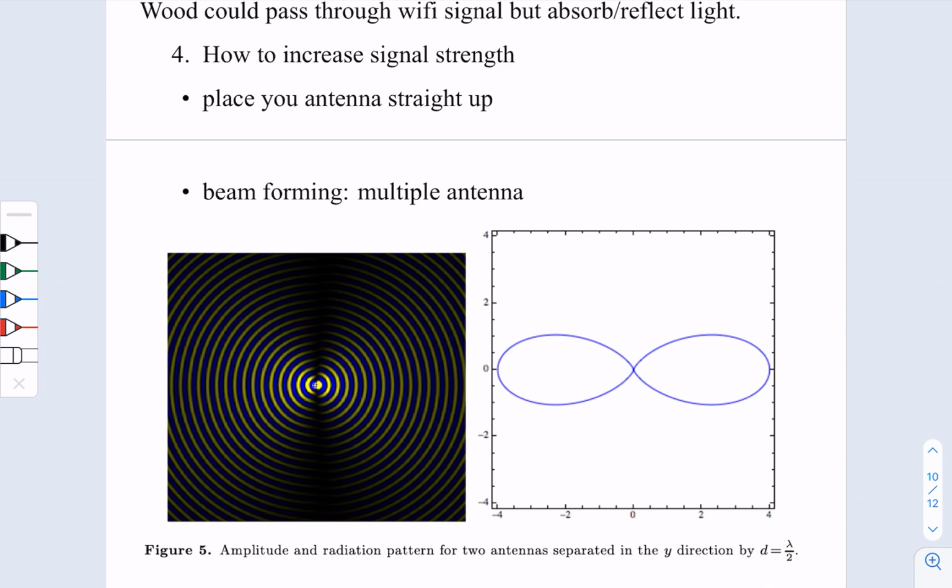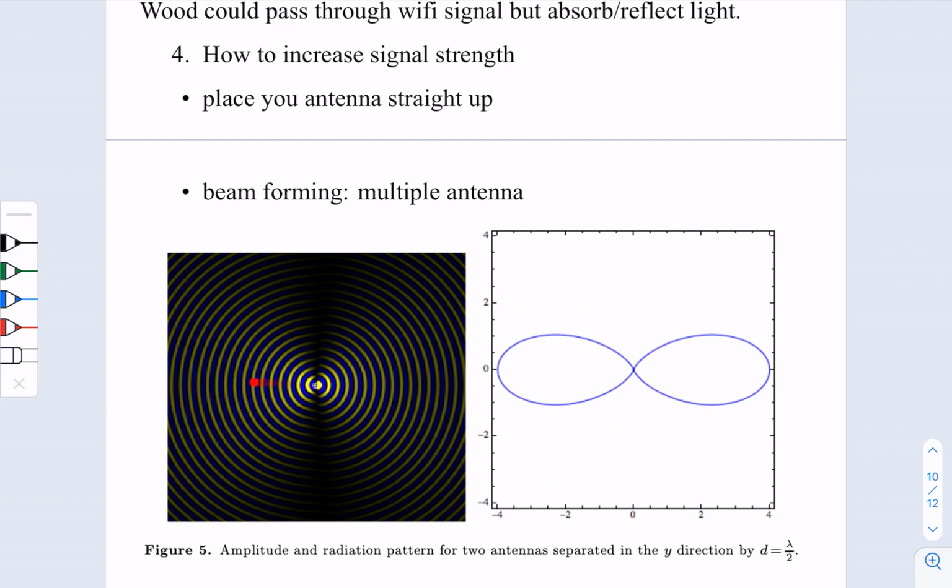At that separation, in the y direction, as you go along the y direction, it will always have destructive interference, right? Because the wave produced by the first antenna is exactly cancelled by the wave produced by the second antenna.